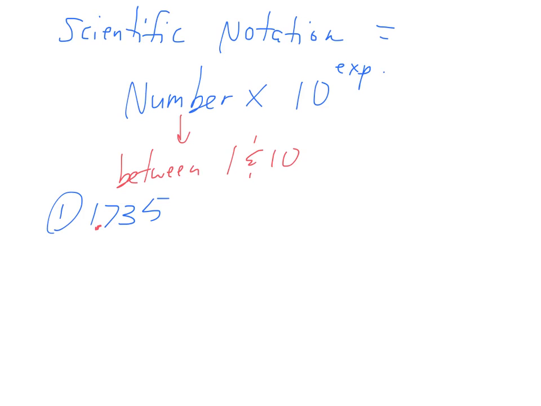So how did I go from here and travel there? How many units did I travel? Well, 1, 2, 3. I traveled 3 times in the direction to the left. So what that means for my answer here is I will write 1.735 times 10 to the, and this is the kind of tricky part.